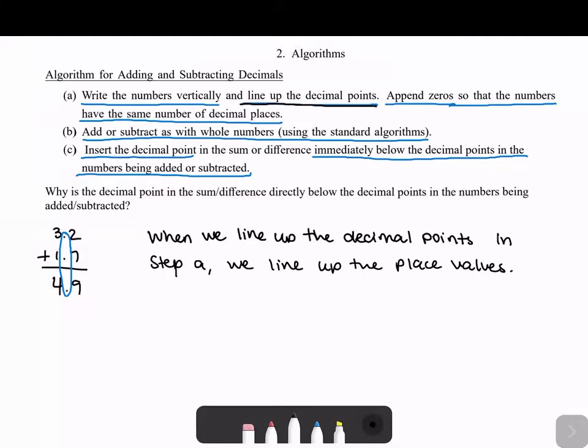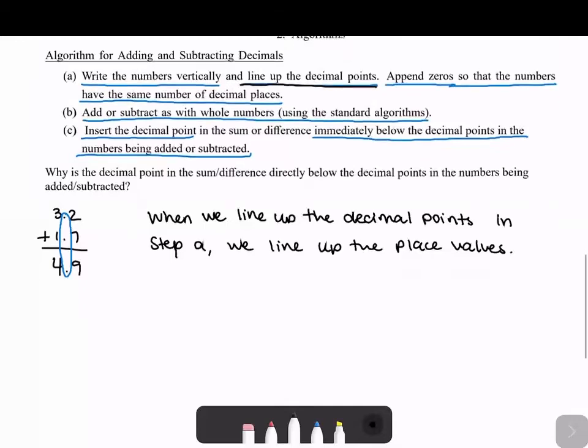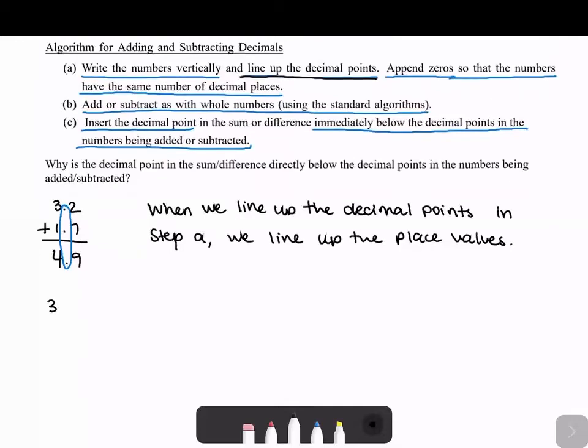So, for example, if we have 3.2 plus 1.7, when we line up those decimal points right on top of each other, we make sure that everything in the tenths place is stacked vertically, and everything in the ones place is stacked vertically.